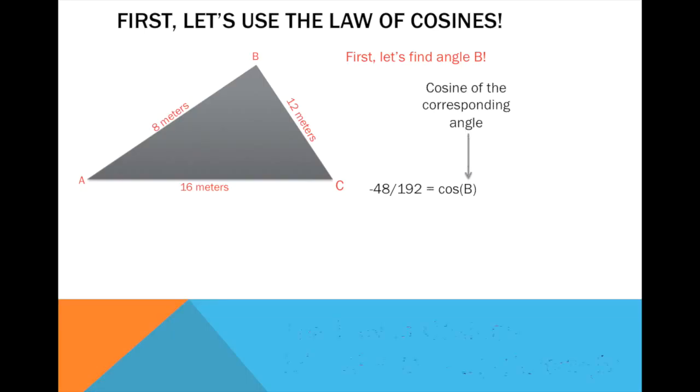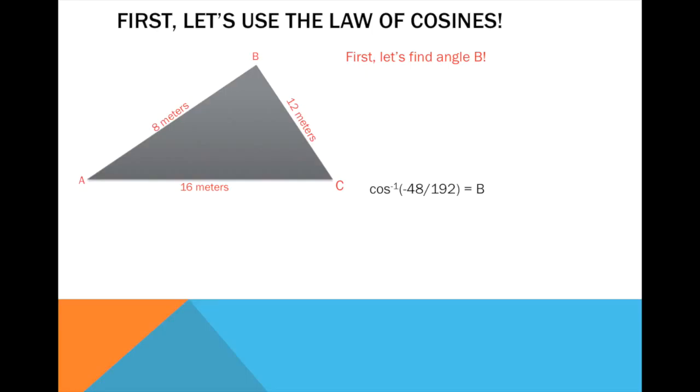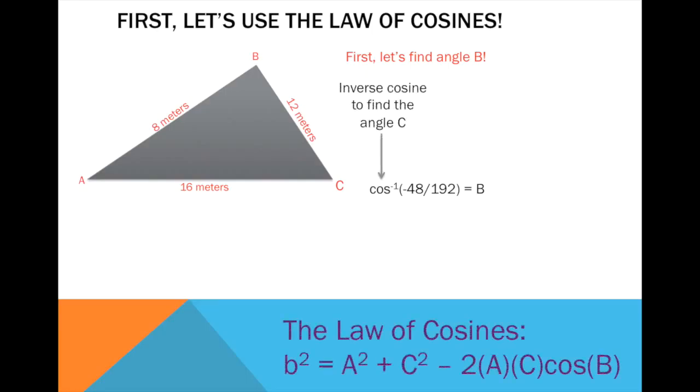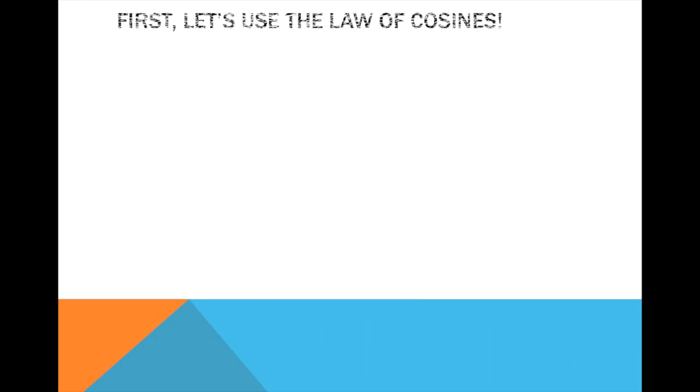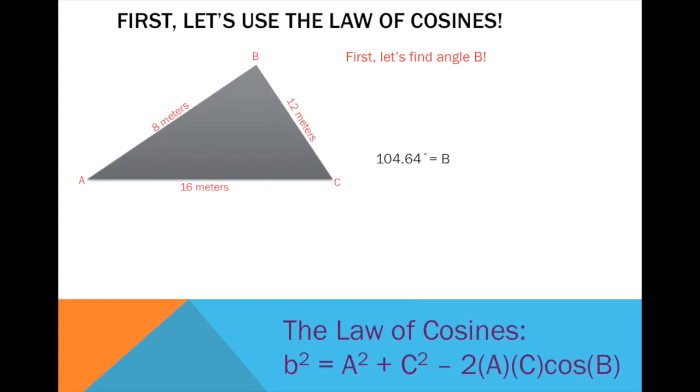So now it's negative 48 over 192. Now we take the inverse cosine of negative 48 over 192. This gives us our angle of 104.64.